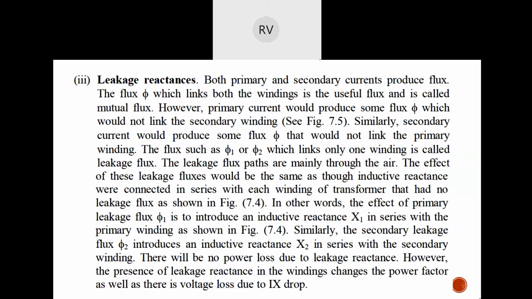However, the primary current would set up some flux phi1 which would not link the secondary winding. Similarly, the secondary current would produce some flux phi2 that would not link the primary winding.